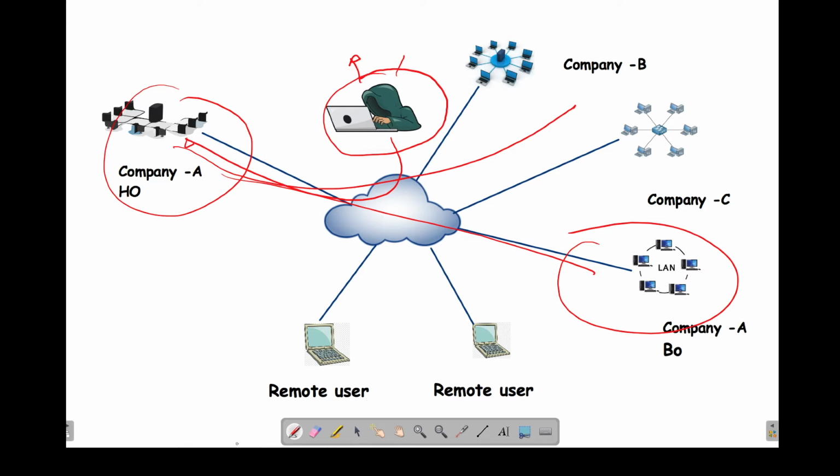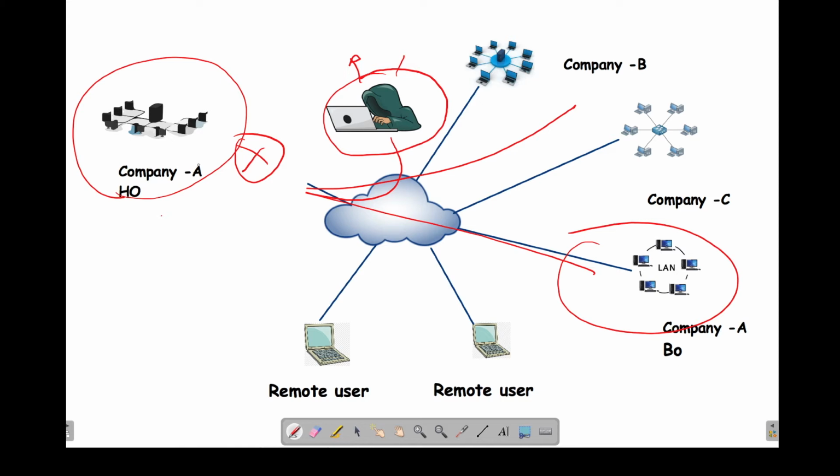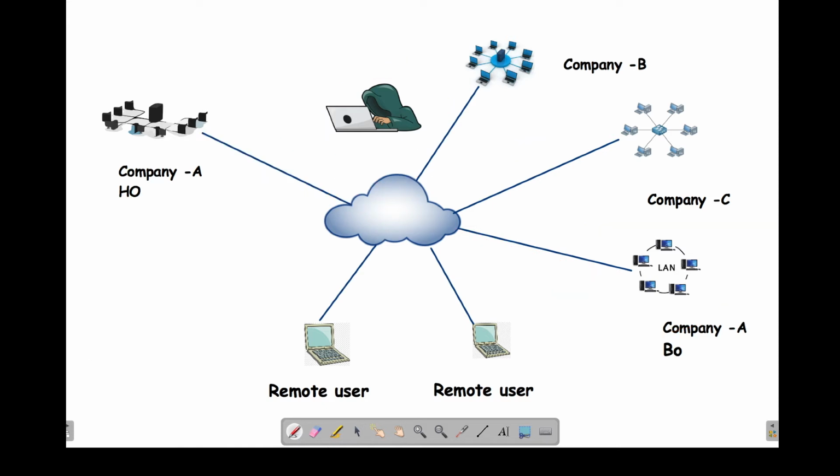We can't imagine any company without an internet connection. If any company is not getting connected to internet, they are losing a lot of business advantage. So we need to connect to internet and try to secure the resources. The companies cannot deny connecting through the internet.